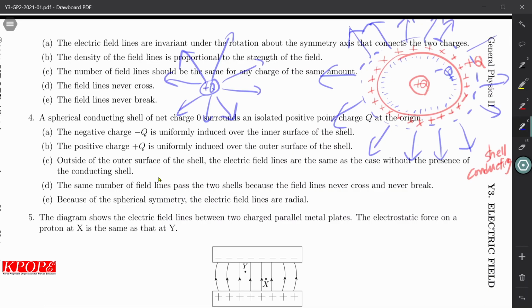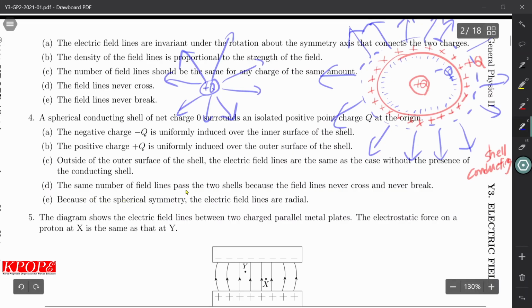According to the shell theorem, there is no electric field inside a conducting shell. So inside the shell, the electric field vanishes. The same number of field lines passes through shells because the field lines never cross and never break.